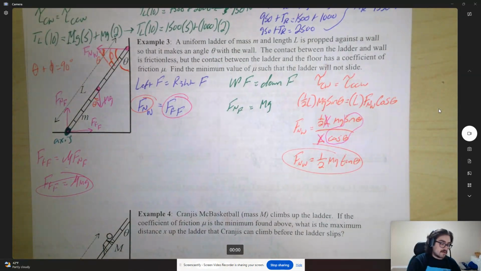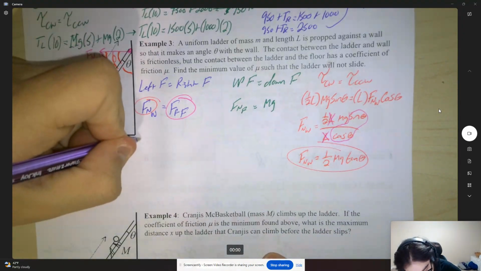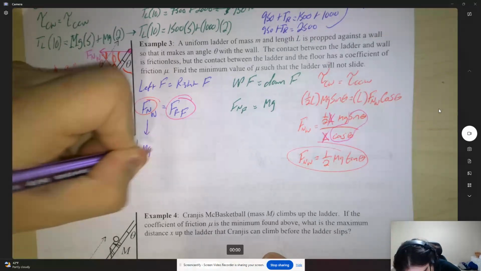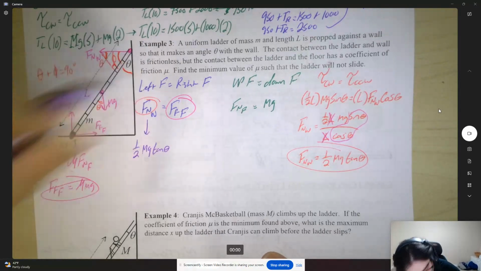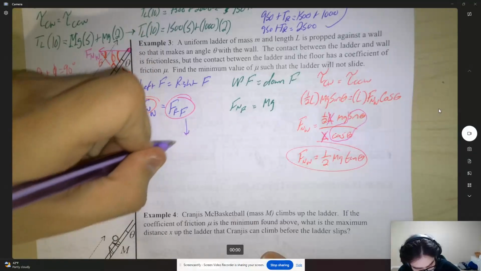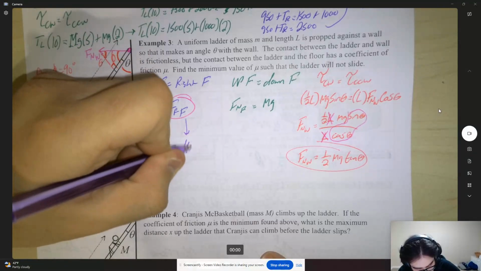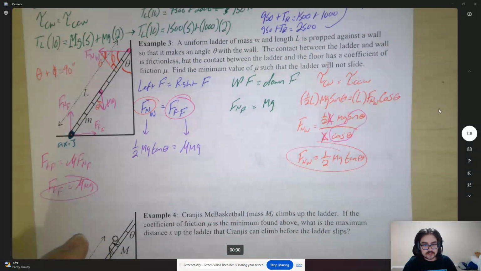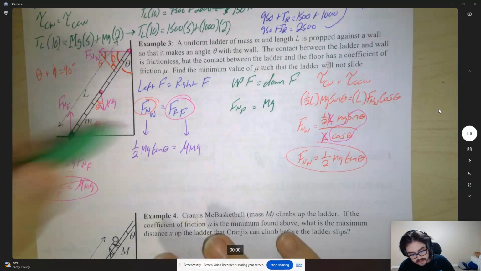So I can actually make a bunch of substitutions right now to make this a lot easier. This will become 1/2 mg tangent theta. This will become mu mg. And you should notice that you have mg on both sides of this equation, which means we can cancel those out.